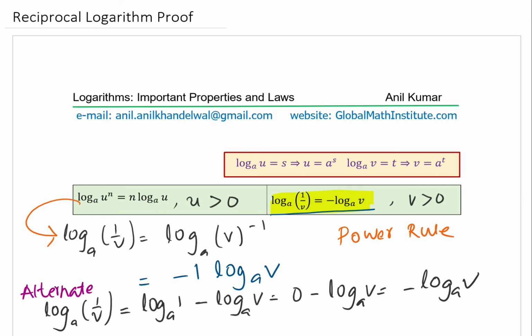Now here is a very important understanding of this particular rule. So when you say that the logarithm of 1 over v is negative, it means what? Let's look into the graph of logarithm. The graph of logarithm is kind of like this, right? So what you notice here is that this portion is negative, and that is what we are trying to say. Correct?